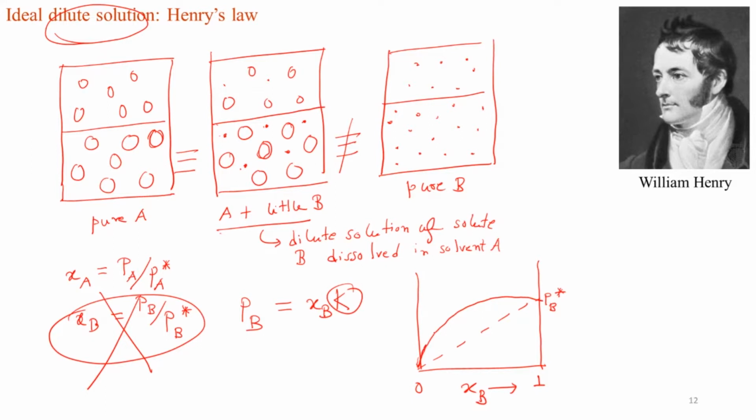And what Henry's law says is that for the initial part, if we draw it more carefully, it will be something like this, and Henry said we can approximate the initial part to be equal to a constant.